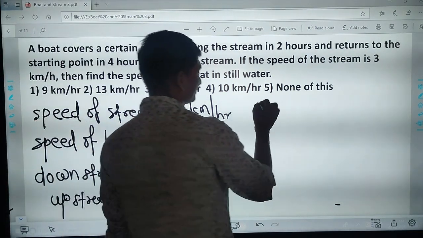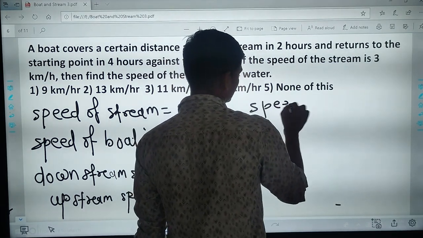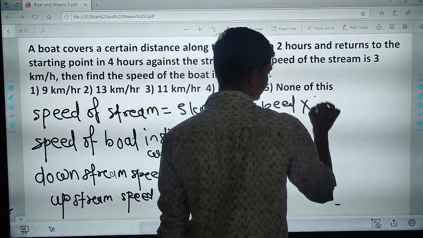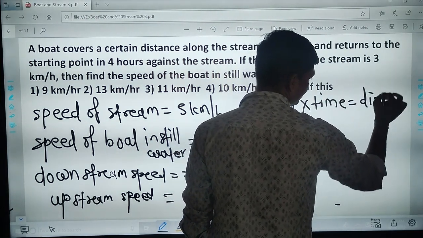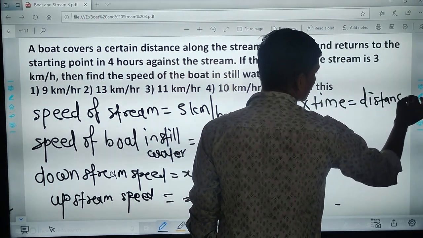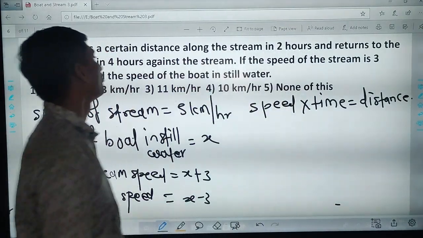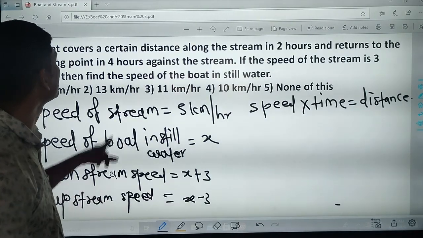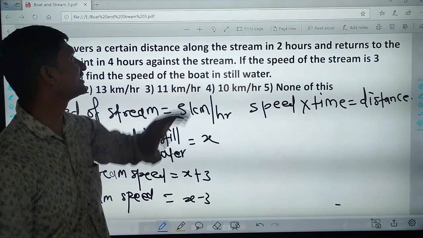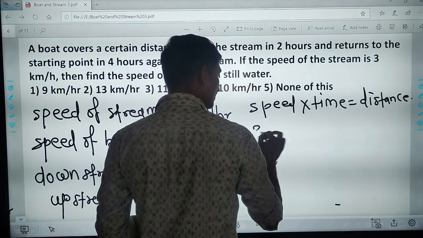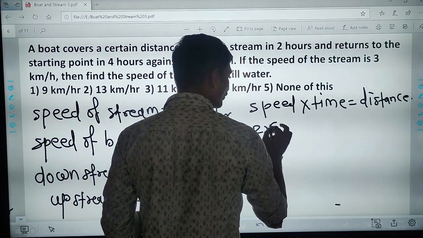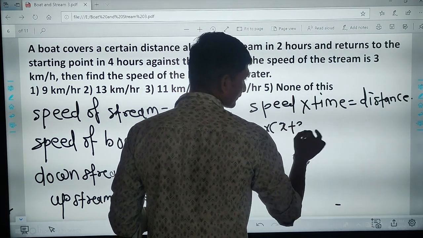The first distance covered is downstream speed into 2 hours, so the distance is 2 into x plus 3.